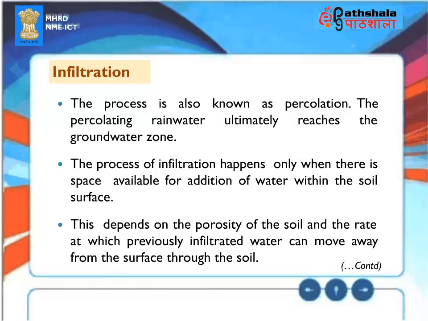The process of infiltration happens only when there is space available for addition of water within the soil surface. This depends on the porosity of the soil and the rate at which previously infiltrated water can move away from the surface through the soil.